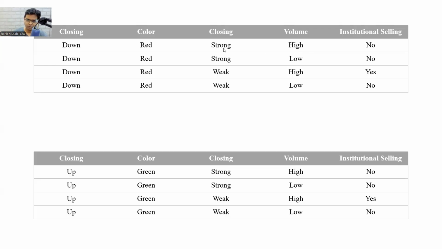So when the volume is high and the closing is strong, irrespective of the color, institutions are not selling. The problem is when the volume is high and the closing is weak, irrespective of the color, institutions could be selling in that week. That's all it is. Okay, both these tables are the same because I'm only worried about institutional selling.